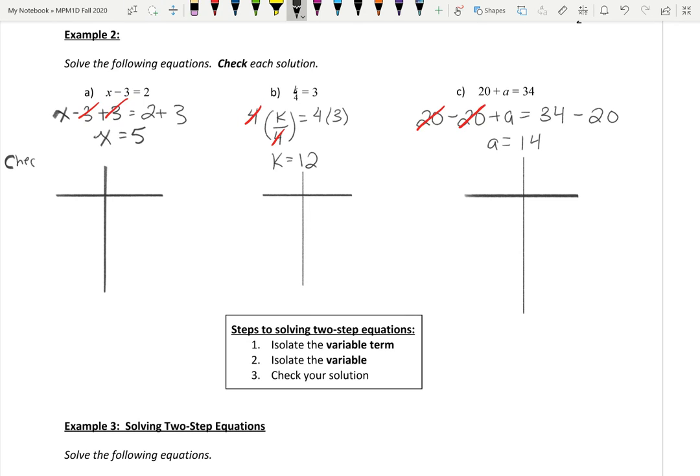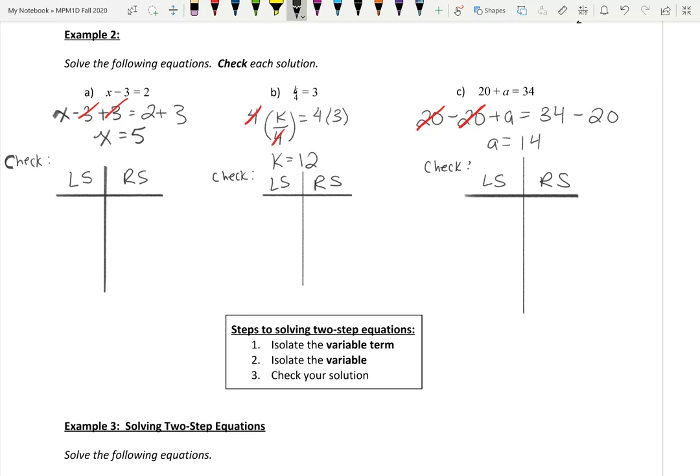So we're checking. We're going to check. And we're going to check. So how do you label your t-table? Left side, right side.